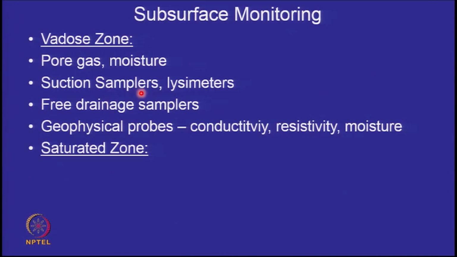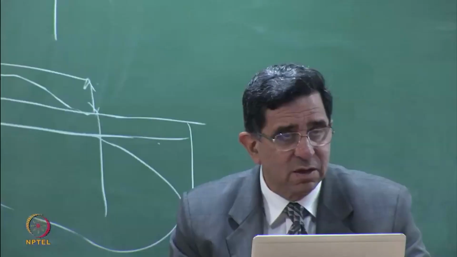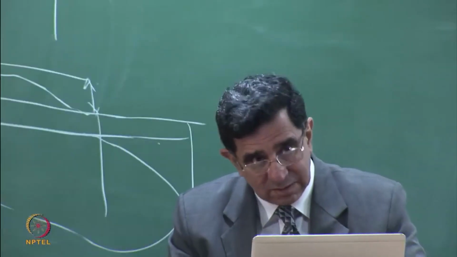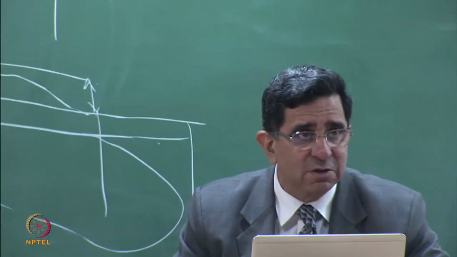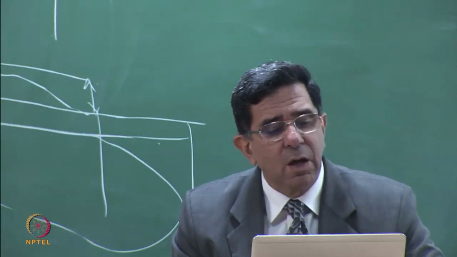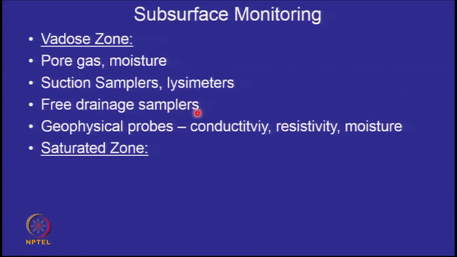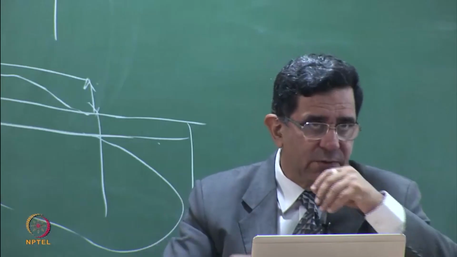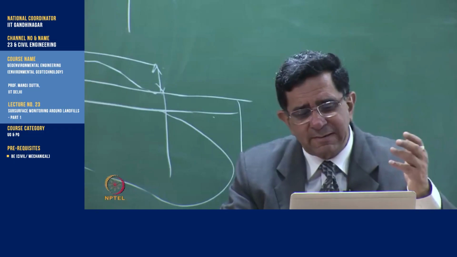Nothing is going to come out in a borehole under gravity flow. Moisture will be held under suction. Gas will also be held unless there is a gradient, and the gradient can only be established if you put some suction. You can put free drainage samplers, but they will only work if the soil becomes saturated. If a wetting front is traveling down, then you may get free drainage, but that is pretty late.